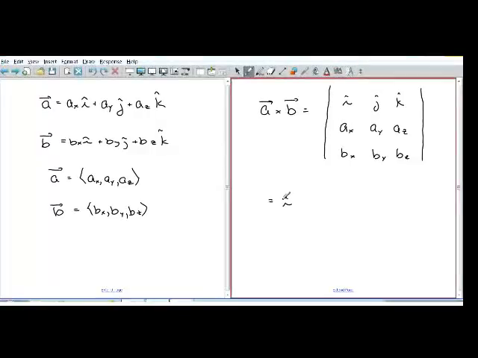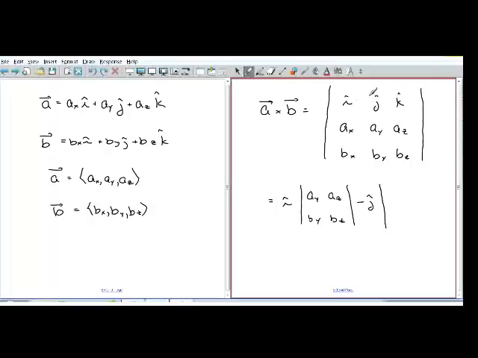So we take i hat, which is the unit vector, and then we write this 2 by 2 determinant, where you cross this out and you cross that out, and you're left with A sub y, A sub z, B sub y, B sub z. Now the next one is a negative because of the way you calculate determinants. So it's negative j.